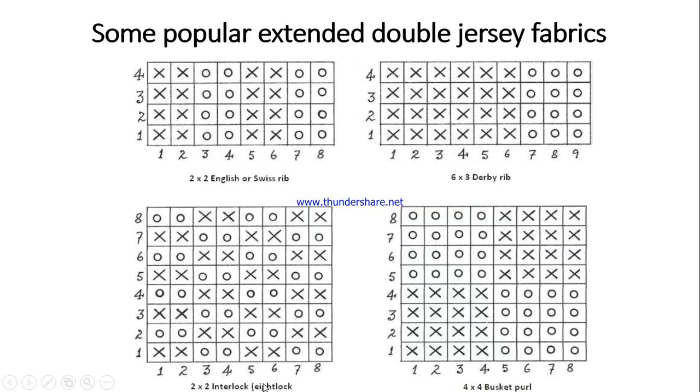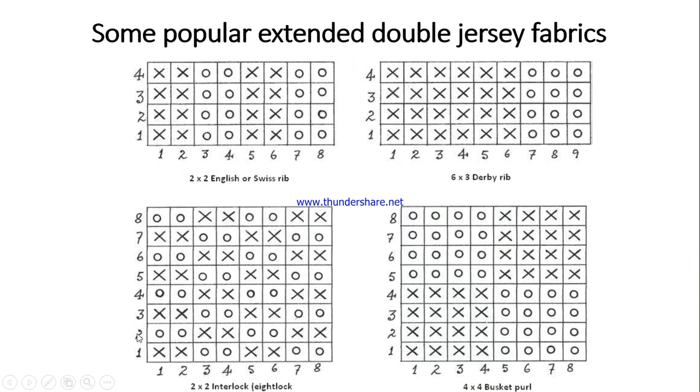Then 2x2 interlock or eight-lock structure. There will be 2 up, 2 down, 2 up, 2 down, that means 2 face loops, 2 back loops, 2 face loops, 2 back loops. But in the neighboring run, there will be the opposite action: 2 back against the 2 face, then 2 face against the 2 back. So basically these thread 1 and thread 2 are required for forming a single course.